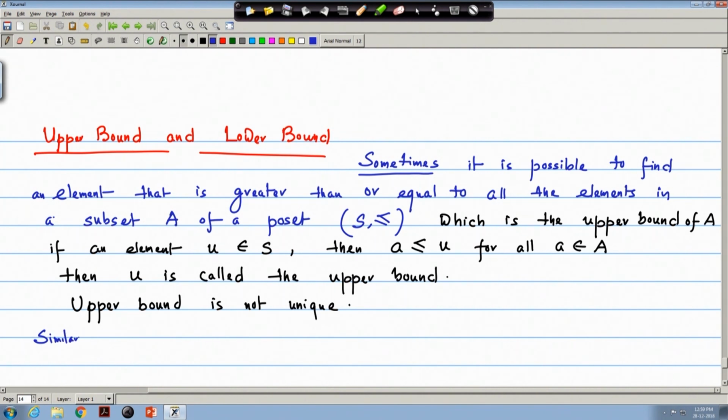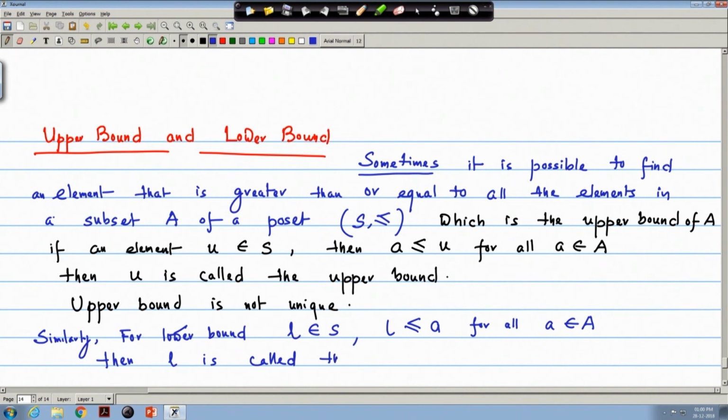For the lower bound, we can write an element L belongs to S, L is less than or equal to a for all a belonging to the subset A. Then L is called the lower bound of A. And again, the lower bound is not unique.